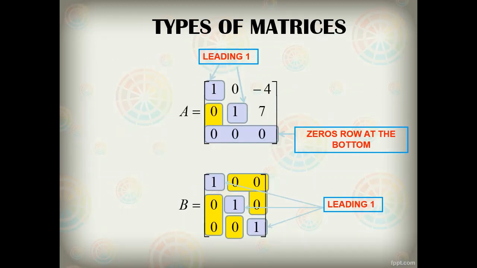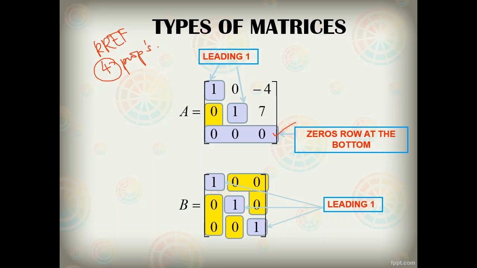Let us look at the example. Look at matrix A here. Check first for RREF. There are four properties. Number one, check if there are zero rows; they must occur at the bottom. Yes.